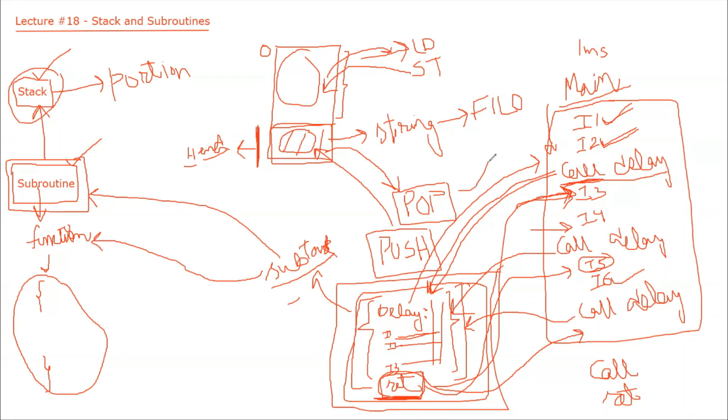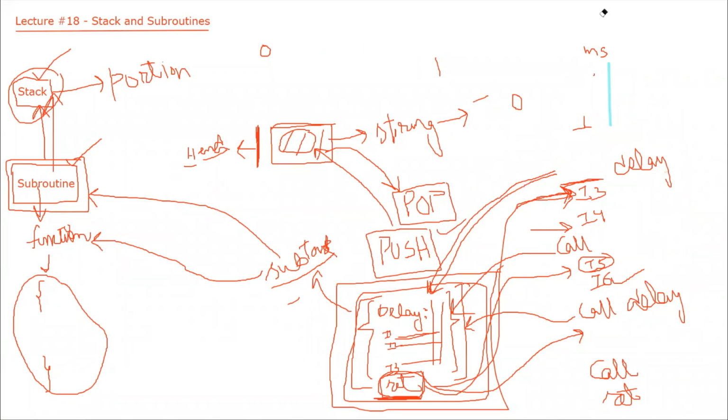What are the pop and push instructions? We will first explain these two. Then we will discuss a subroutine, explain an example using a subroutine, and see how the stack is used in that scenario. So let's first discuss the stack.